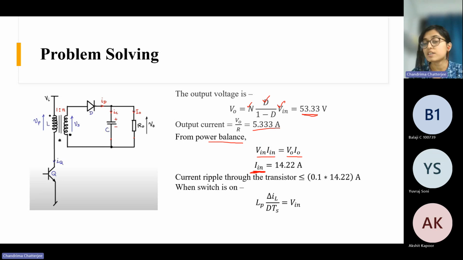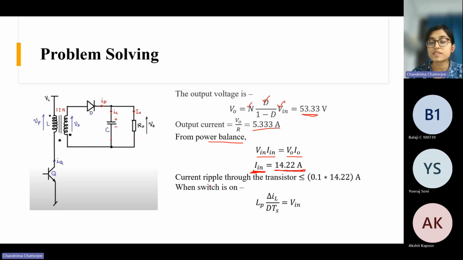This is the average current value because our current is not continuous, right? So the average value of this input current is 14.22 ampere. You can calculate it on your own. You will see that we get this value.